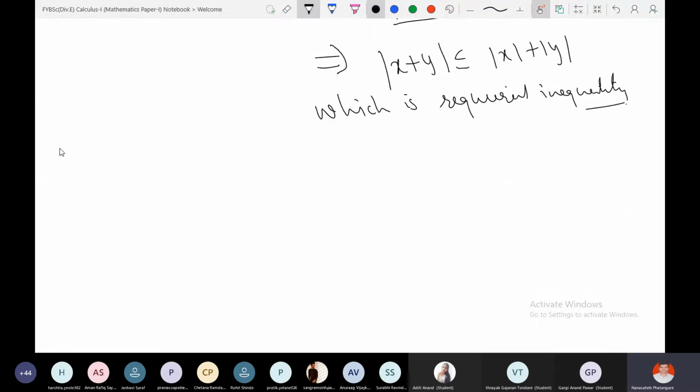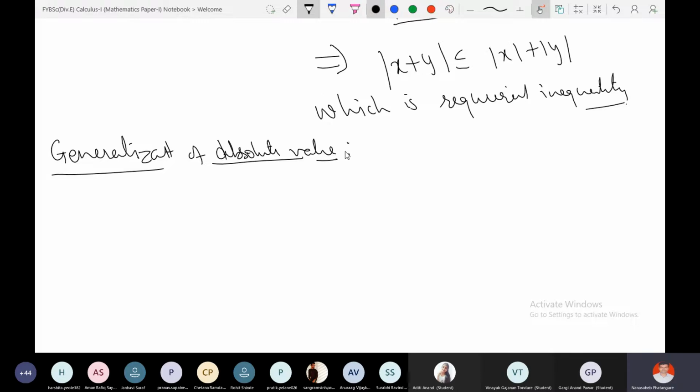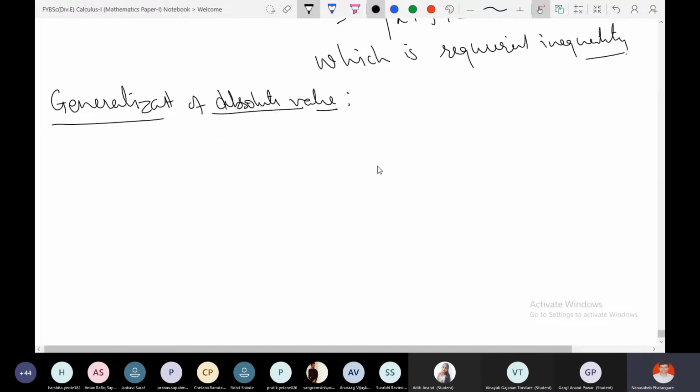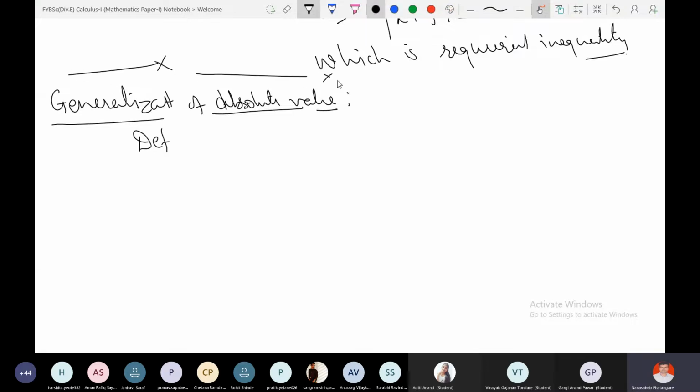So more generalization of absolute value. If you want to generalize absolute value, define for this triangle inequality.